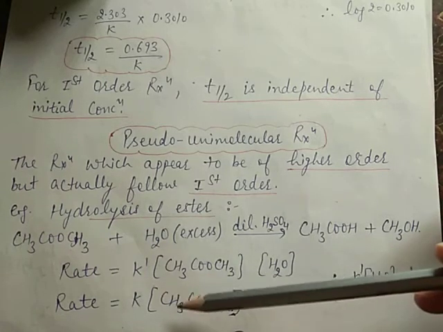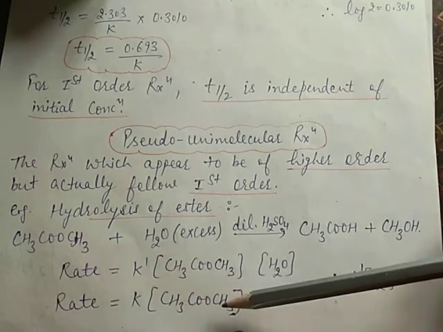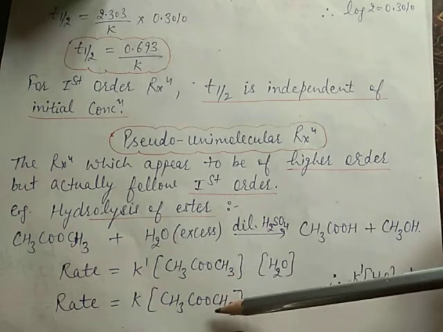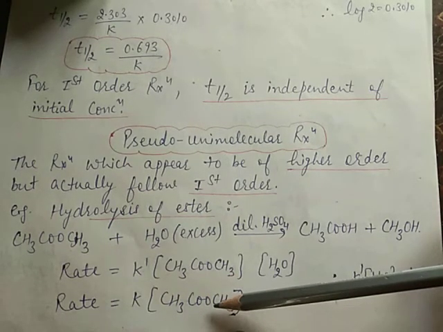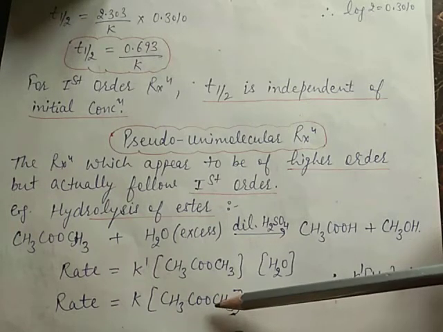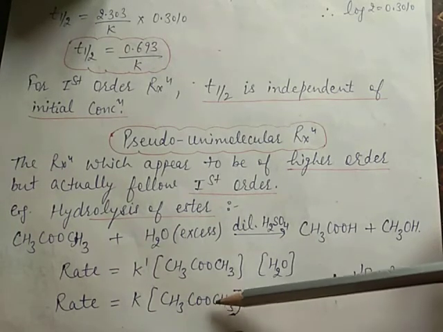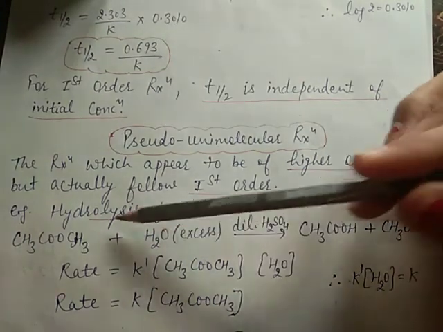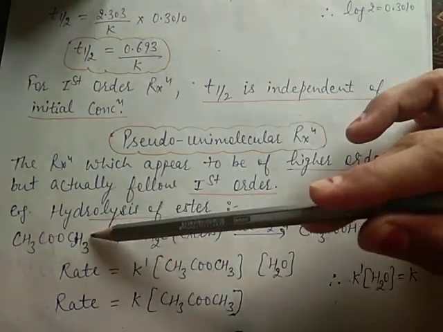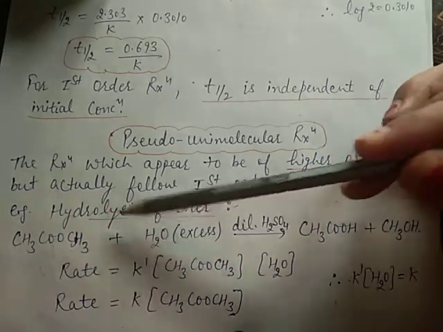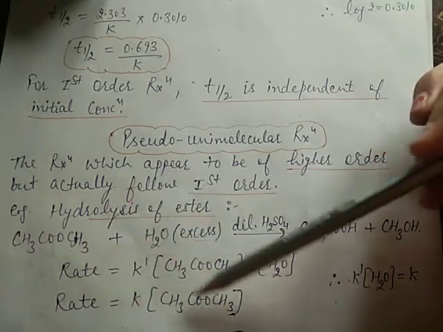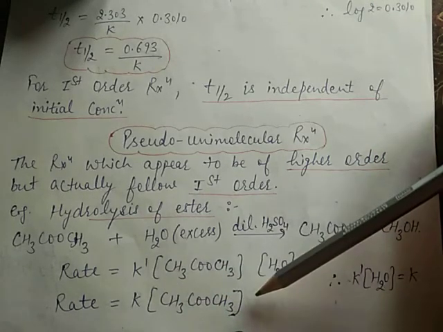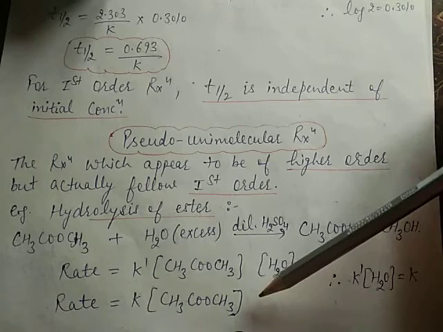Then the rate is equal to K into the concentration of ester. So it depends only on the concentration of one reactant, not two. This reaction appears to be of higher order because it is made up of two reactants, but actually it follows only first order because it depends only on the concentration of one reactant.